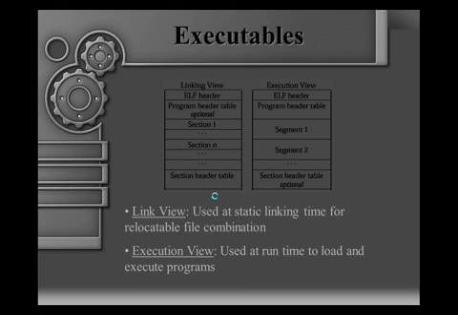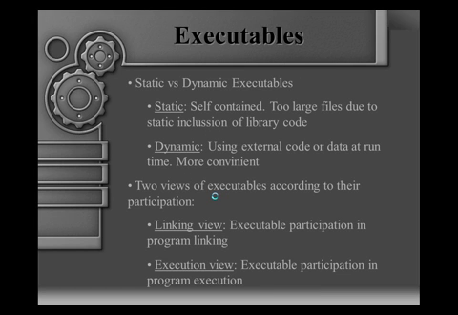Now, what are the executables? This was the object file. Next, executable files. It contains two types of executables. One is static executable, one is dynamic executable. Static executable is self-contained, that is, a self-contained file that contains the library code.